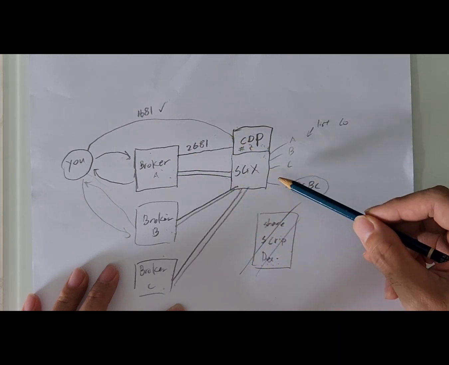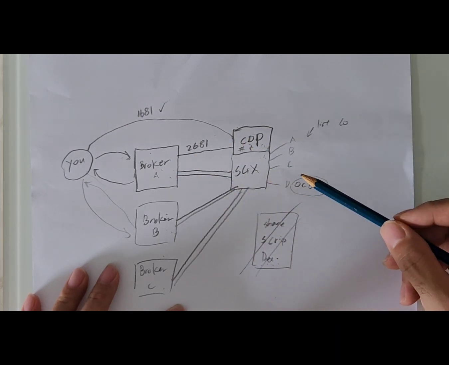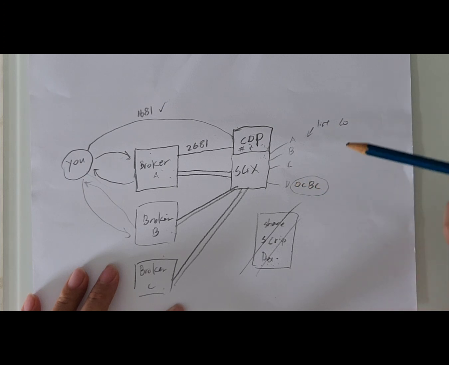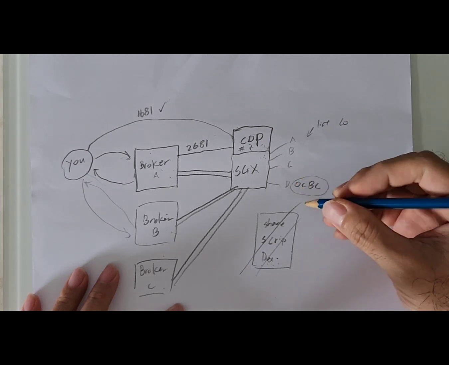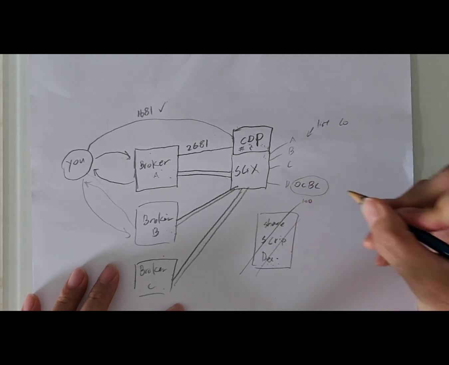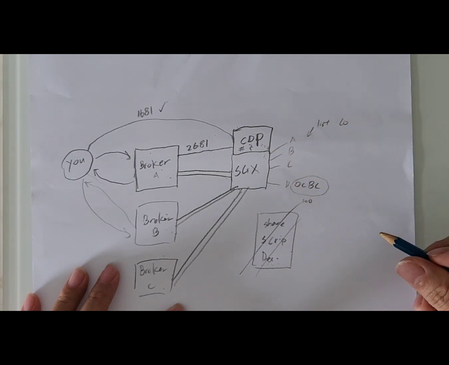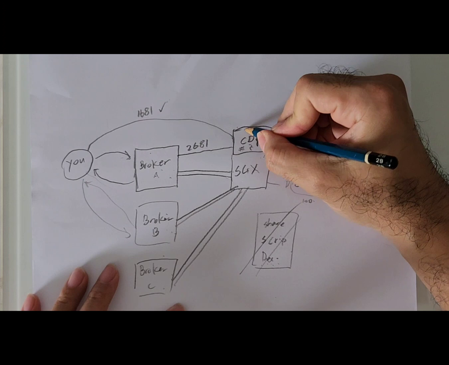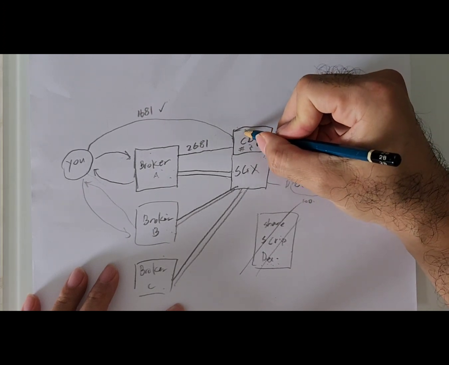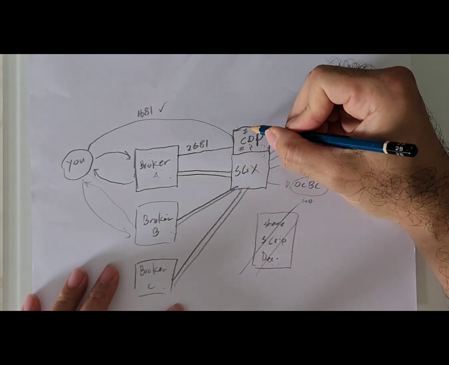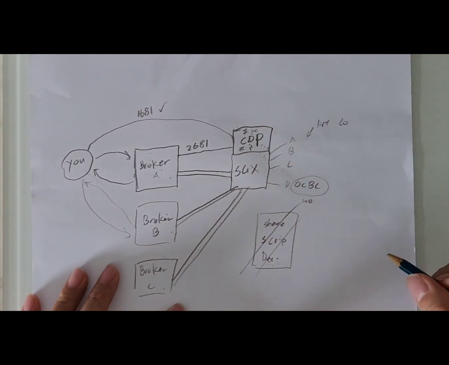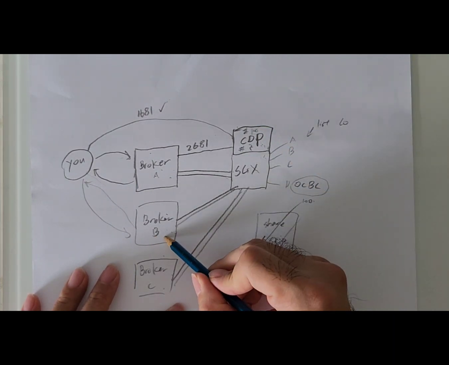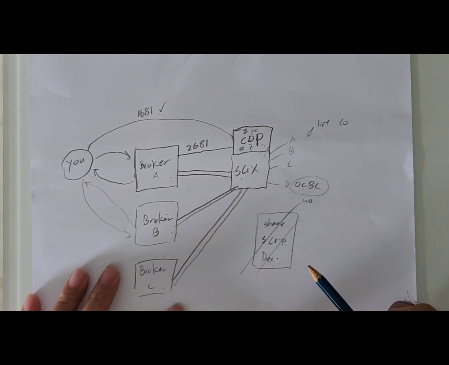I've got my share of OCBC. Now there's something called lots. You won't just get one share of OCBC, you need a minimum of 100 shares at the defined price, and this record will be kept in the CDP. So Mr. So and so has 100 shares, and this is a record in CDP. You can go to any other broker and pass the same instructions.